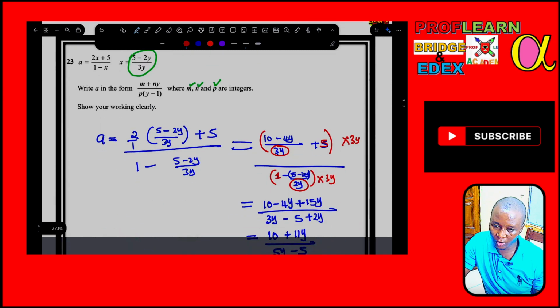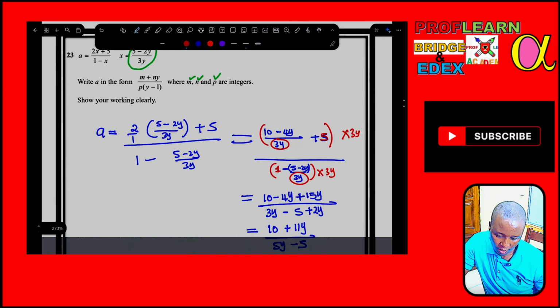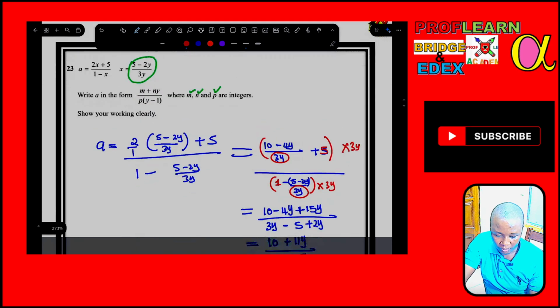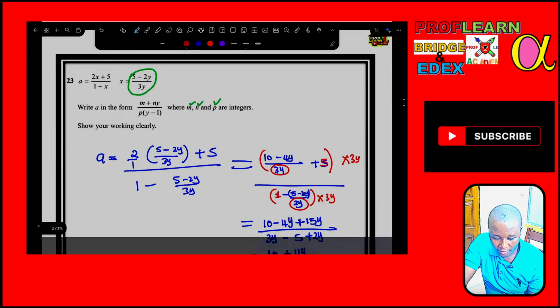Also, you can be given questions like this where you are supposed to write in the form m n y p, but something you need to remember is that you are supposed to substitute the value that you are having here. So whenever we are having our a here, a, remember, was 2x plus 5 over 1 minus x.